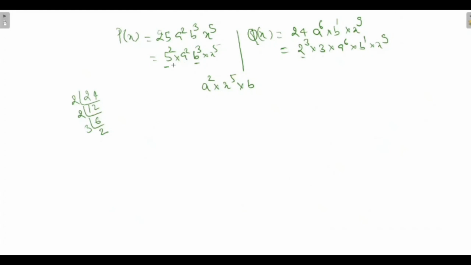So of course, none of the numbers can be taken common, and then that will be that.